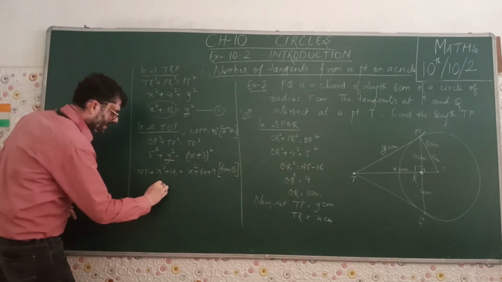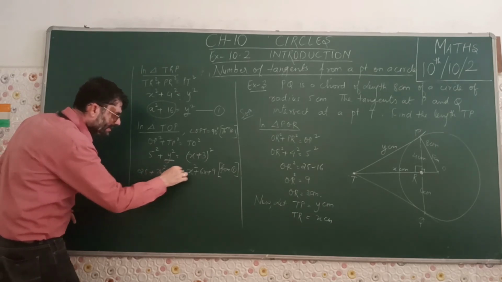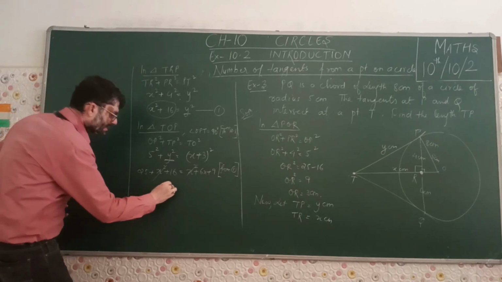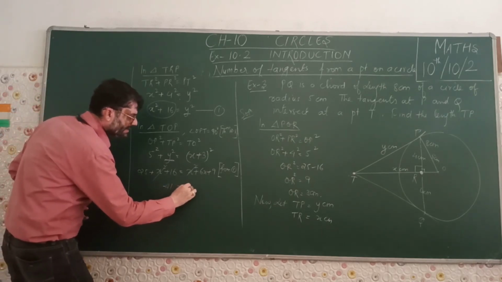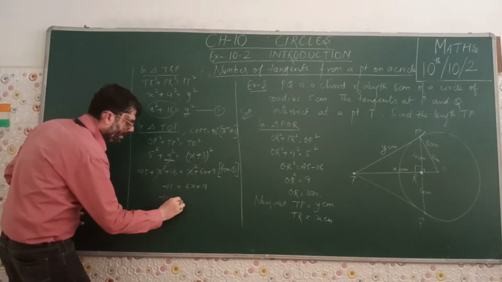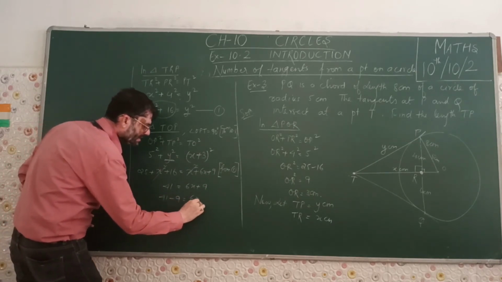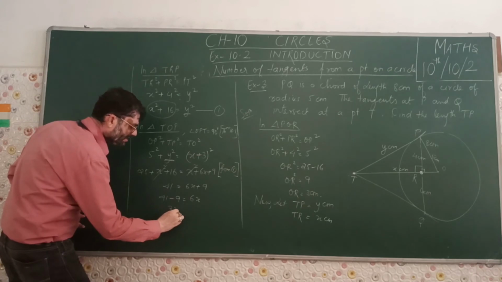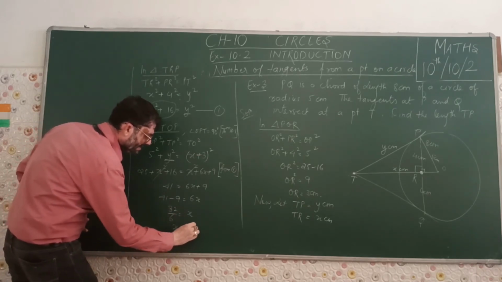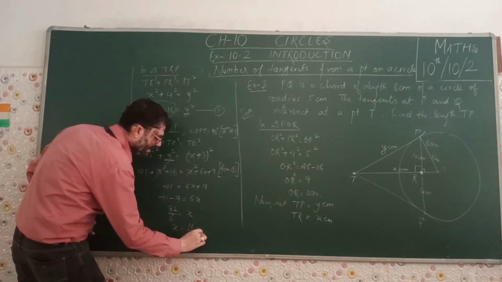So this x square and this x square cancel. 25 plus 16, this is 41, is 6x plus 9. Then 41 minus 9 is equal to 6x. So this is 32 by 6 is equal to x. So x is equal to 16 by 3 centimeters.